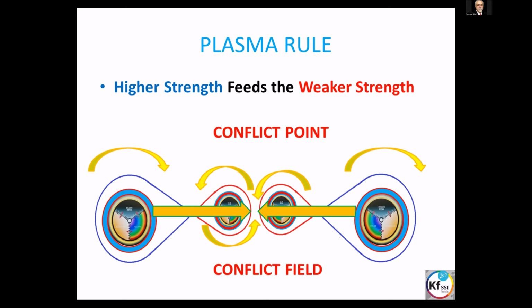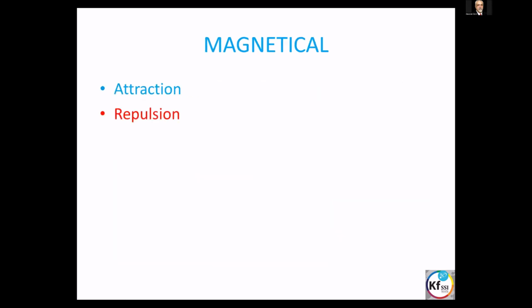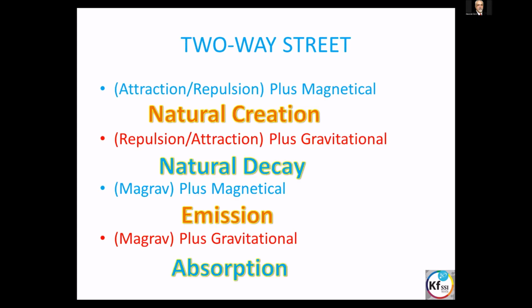And if there is a weakening of those two fields, that is not the only interaction, because those fields can either be maintained, dissolved, or enhanced. And it's all based on the fundamental principles of plasma reaction, magnetical attraction and repulsion. The fields go both ways. And so the basis of what we call creation is plus the magnetical, or what we call the decay is plus the gravitational, right?